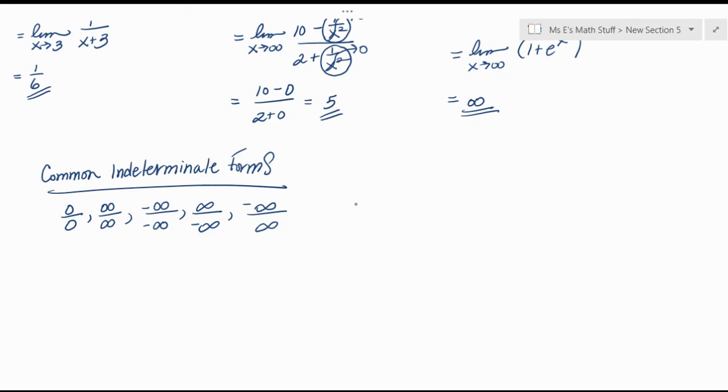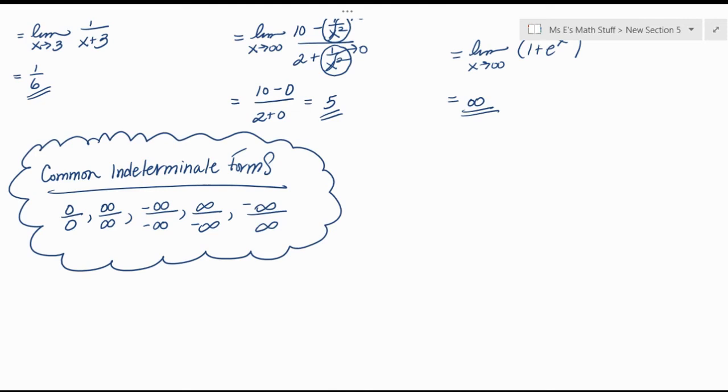We're going to have some more coming up. But hopefully it makes sense that if you get these when you try direct substitution within a limit, you're going to need to try something else to figure out what the answer is. Okay. Now let's move from there and talk about L'Hopital's rule.